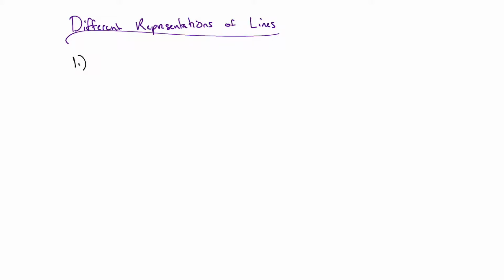Now we're going to talk about the different representations of lines, because there's a lot of ways we could write them. The most common way that you may have already seen is slope-intercept form.